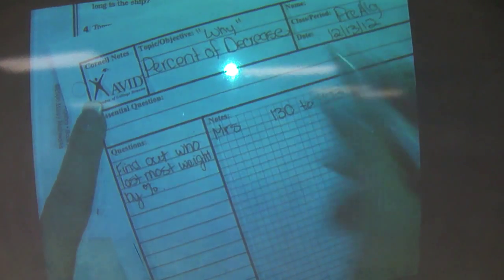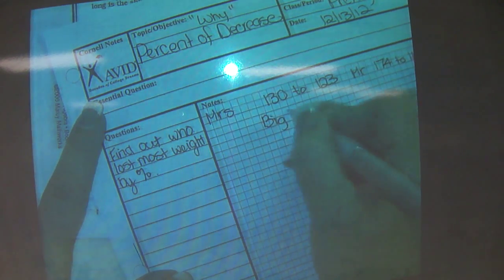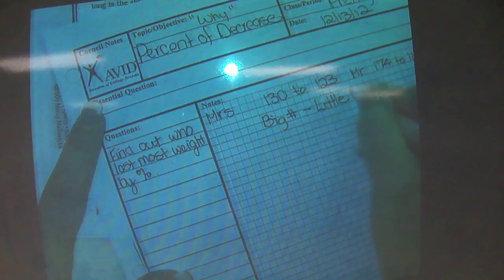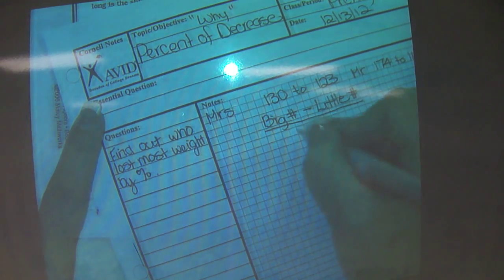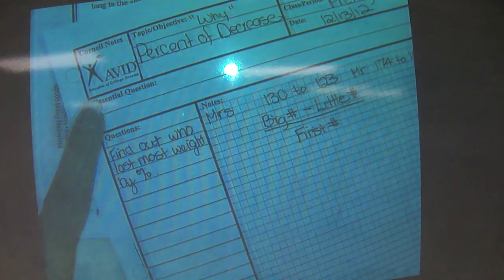How you figure it out is big number minus little number, divided by your first number, or where you started. Okay?